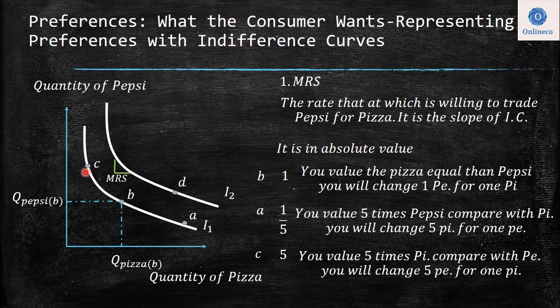You value pizza more, and you can change 5 Pepsis for 1 pizza. So this is the idea for why this is the shape of the indifference curve. Obviously you prefer medium points, where you value both goods at the same rate, and the other parts are extremes, where you give up a lot just to get one of the other good.